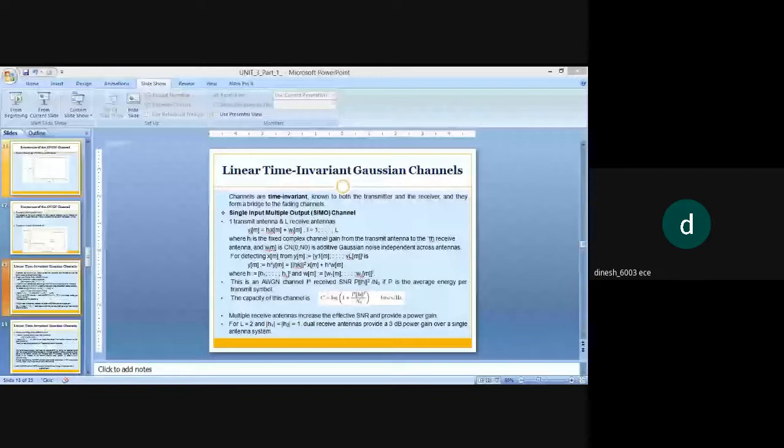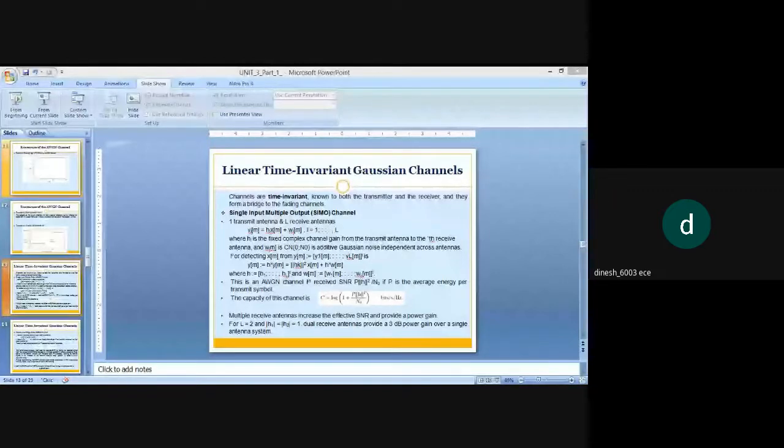So for multiple receiving antennas, there would be an increase in the effective signal to noise ratio, and they provide a power gain. So for L equal to 2, if there are two receiving antennas, then we can write h1 equal to h2, which is equal to 1 always. Then the dual receive antennas will provide a 3 decibel power gain over a single antenna system.